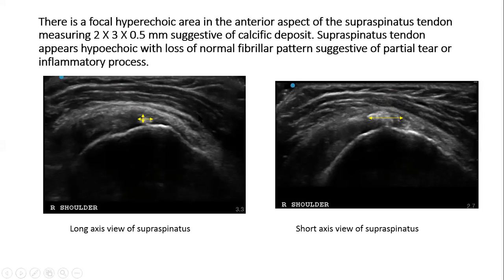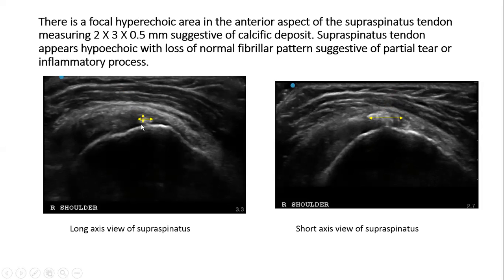Whenever you're measuring any mass, like a soft tissue mass, which can be hard or cystic, I'm treating the calcific mass the same. You take the measurement in long axis, which will be the length of that structure. In short axis, that will be the breadth of that structure.